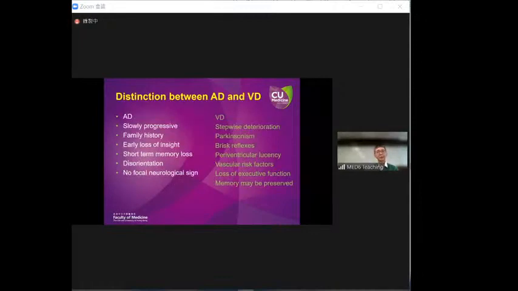So this shows you the distinction between the clinical features of Alzheimer's disease and vascular dementia. Alzheimer's disease has a slow progressive history. There might be a family history because there's at least 50% genetic predisposition.